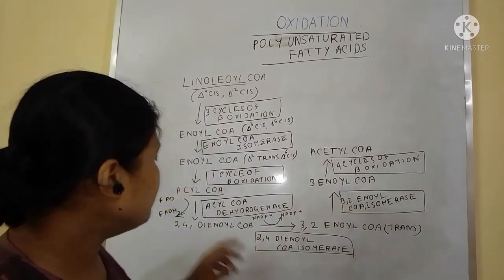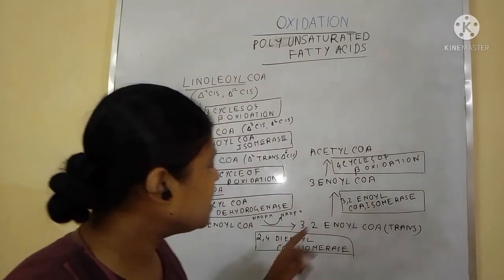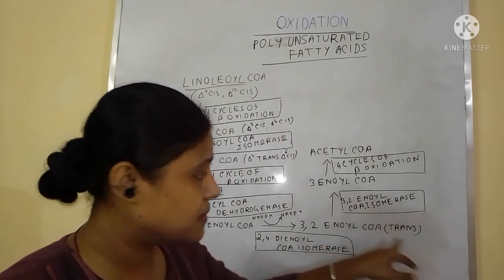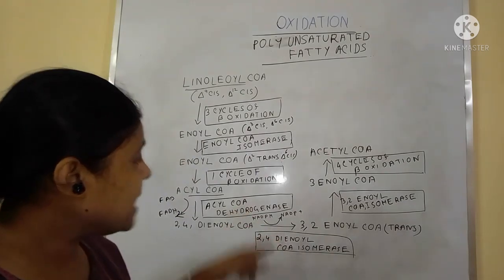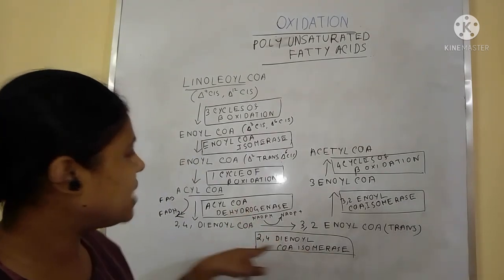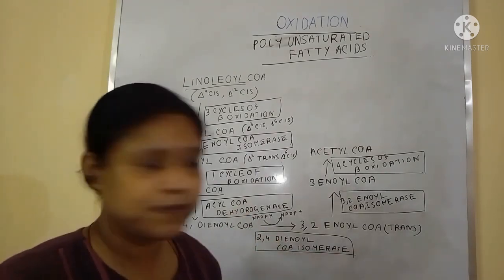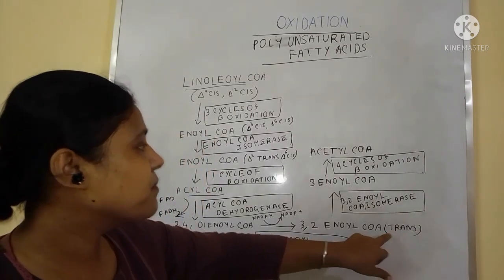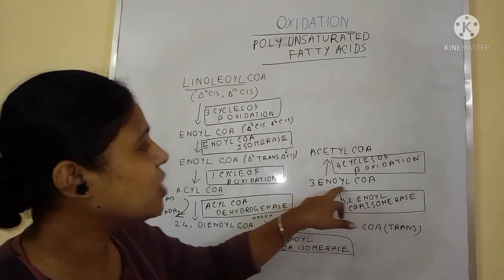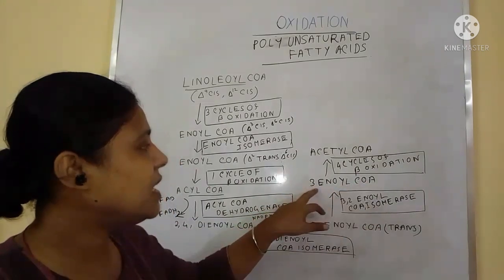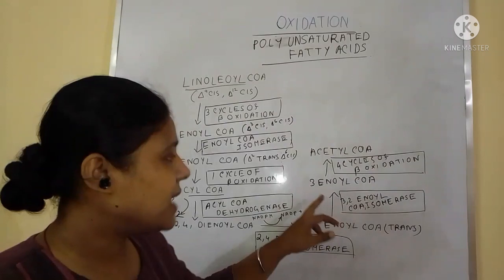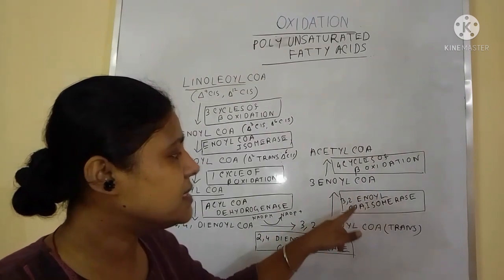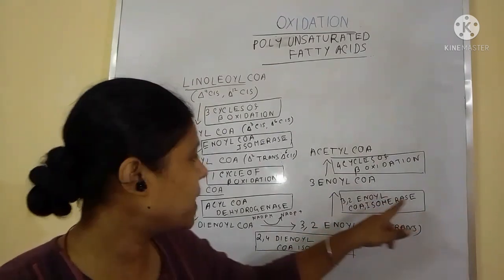In the next step, dienoyl CoA converts into 3,2-enoyl CoA but in trans, and here the enzyme is 2,4-dienoyl CoA reductase. After this conversion, it changes to 3-enoyl CoA, and here the enzyme is 3,2-enoyl CoA isomerase.